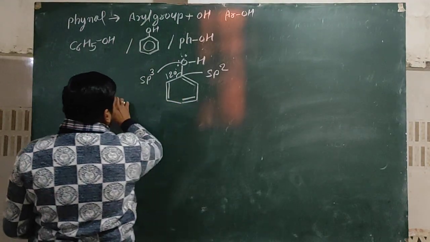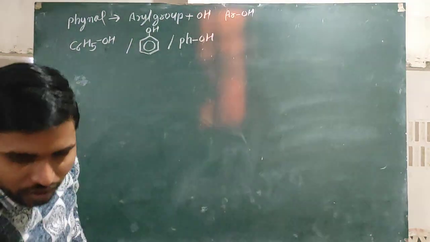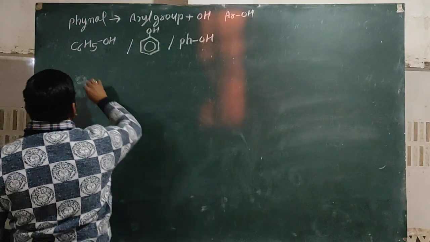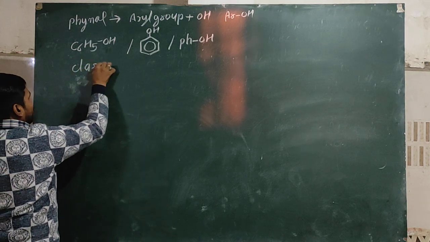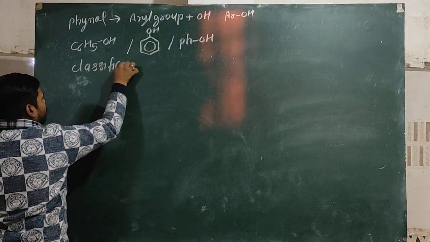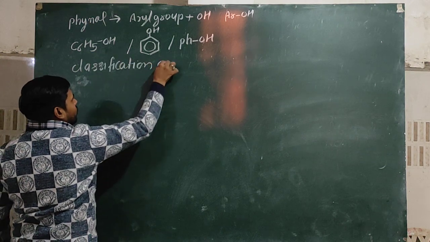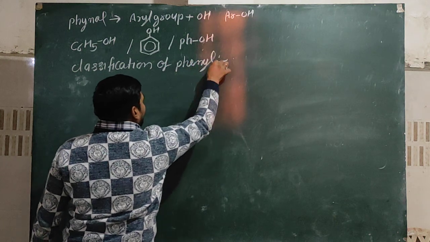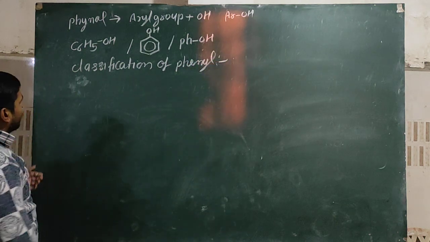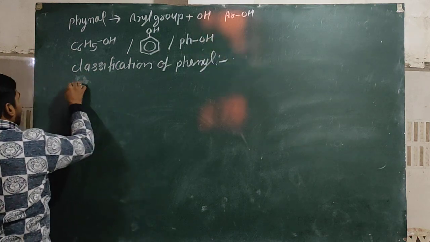Okay, after the knowledge of the structure of phenol, we try to understand what is the classification of phenol. Classification of phenol. The phenols are classified into 4 categories.